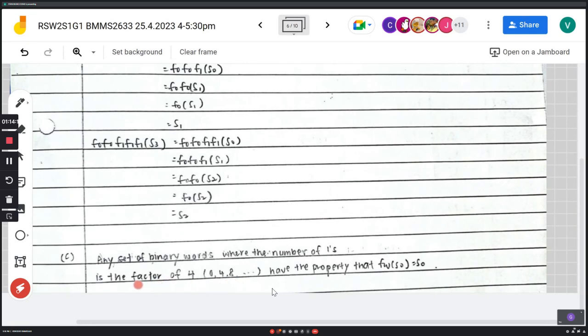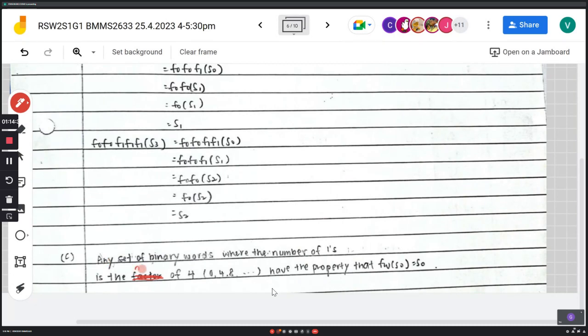So we won't write it as a factor of 4, but we can write it as a multiple of 4. Or you can say that the number of 1s is divisible by 4. Either one, but it cannot be a factor because it cannot be 2.